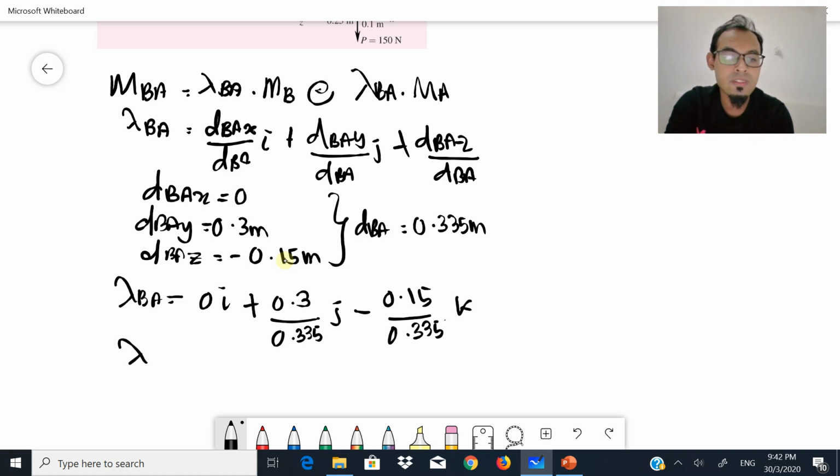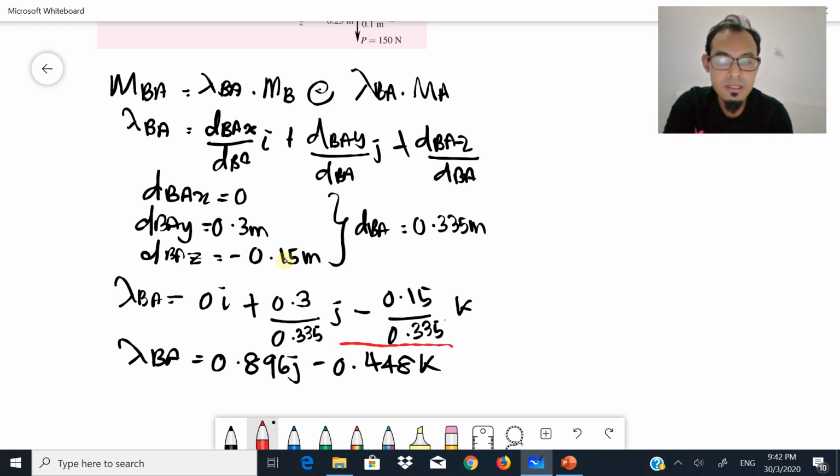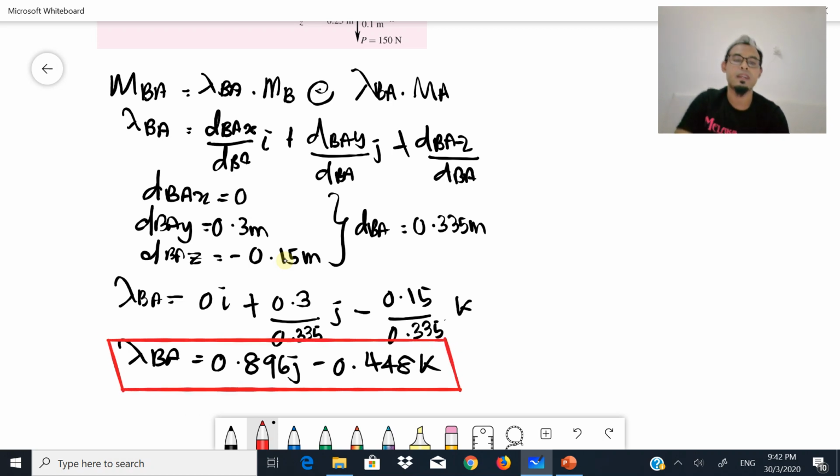Simplify again, so we have lambda_BA equals 0.896 j minus 0.448 k. So this is our lambda_BA. Done with the first part.